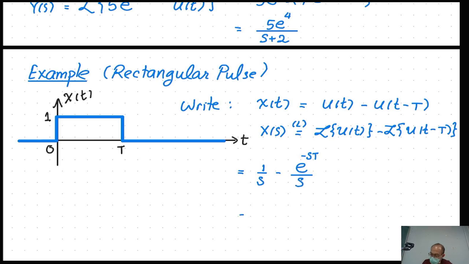In the end, we have 1 minus e to the negative sT over s as the answer. So this is the Laplace transform of the rectangular pulse with width capital T and height 1, starting from time 0.